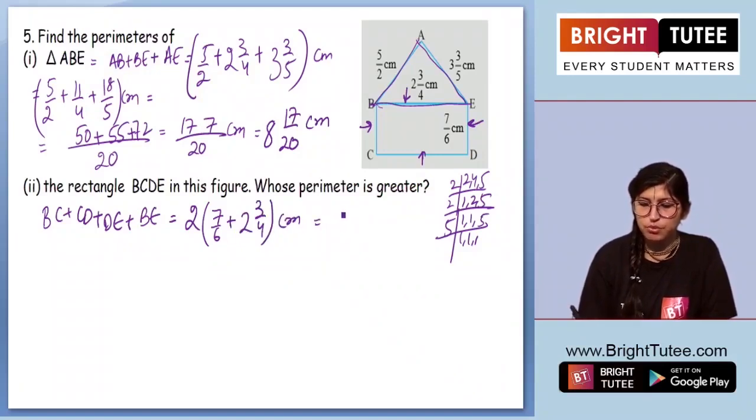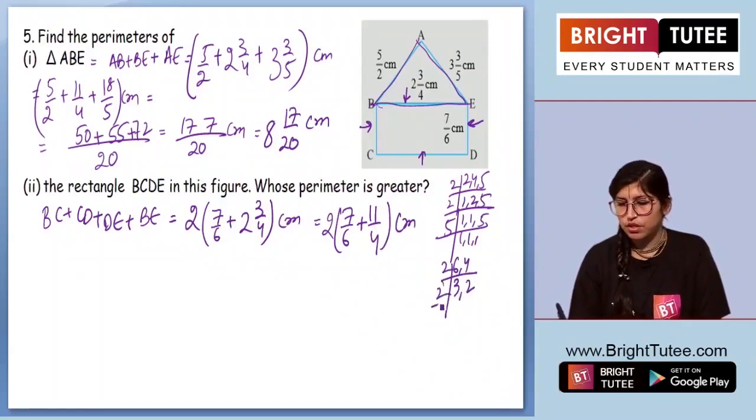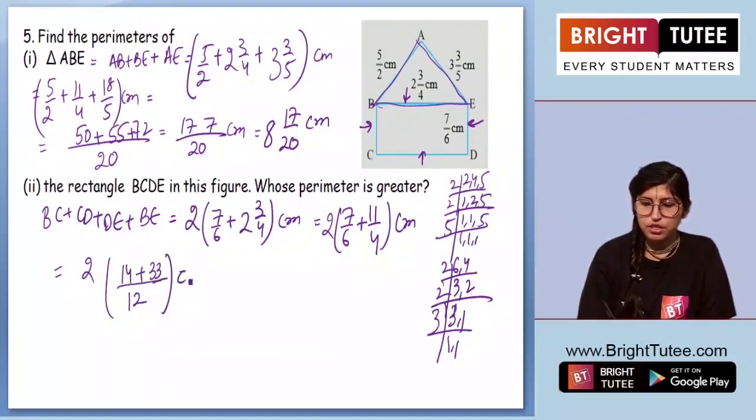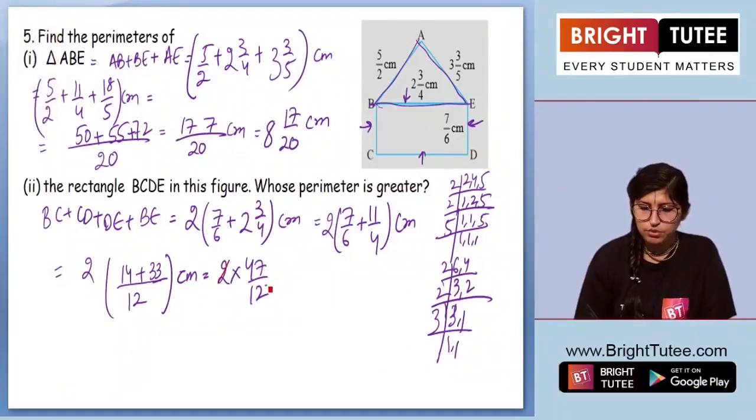Converting the mixed fraction to improper fraction, we'll be getting 7/6 plus 11/4. Now we'll take the LCM of 6 and 4, so we'll be getting 12 as the LCM. So we'll be getting 14 plus 33, so it will be 47/12. Now after cancelling, we'll be getting 47/6.